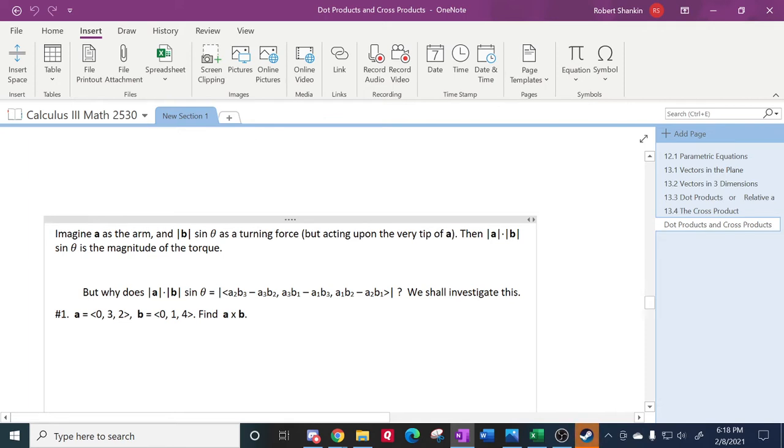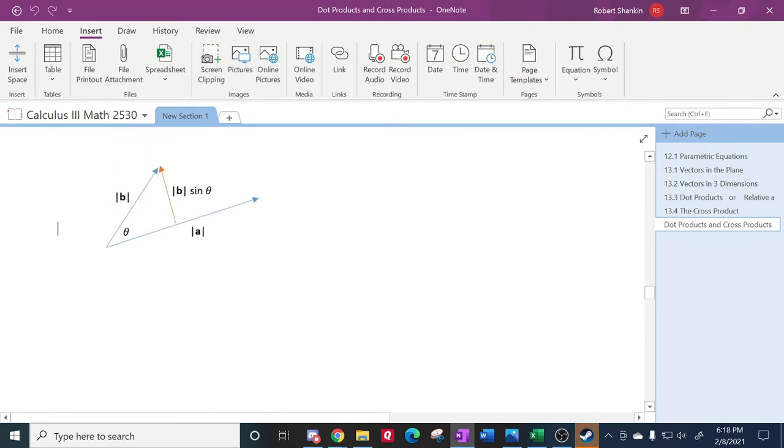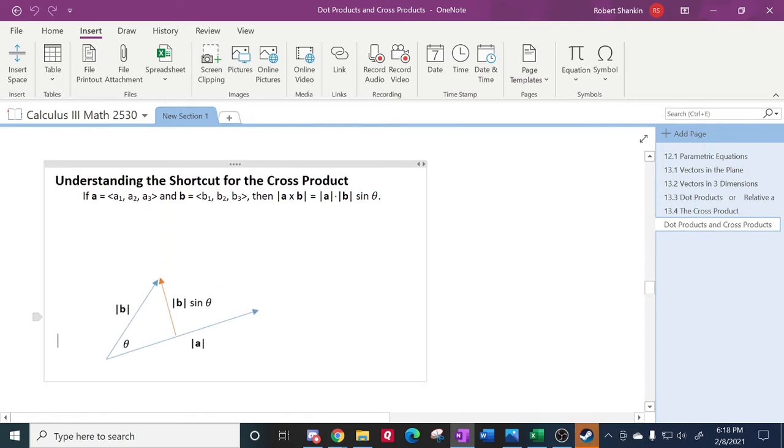Alright, so we have this picture of this, and this has to do with the definition. This magnitude times this magnitude gives you the area of the parallelogram.